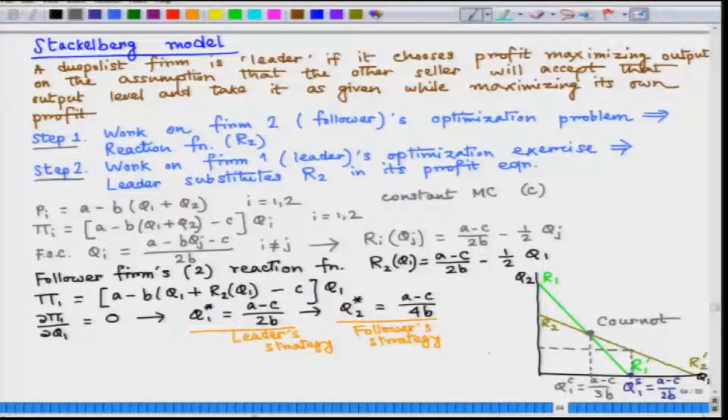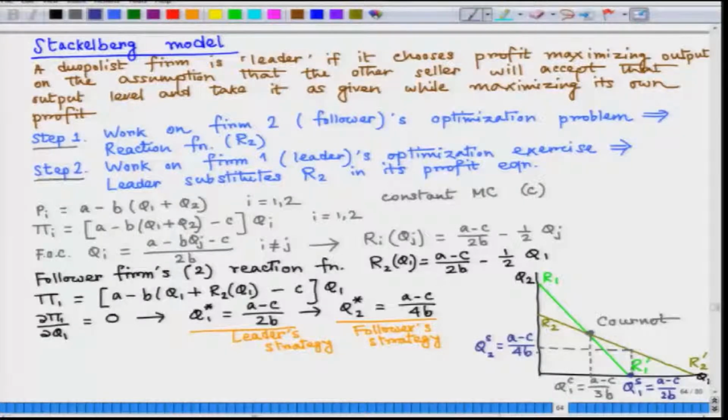So, basically firm 2, which is the follower firm, accepts this output level Q1 and then produces this output level Q2, and that is equal to, if you solve, (A minus C) divided by 4B, right.